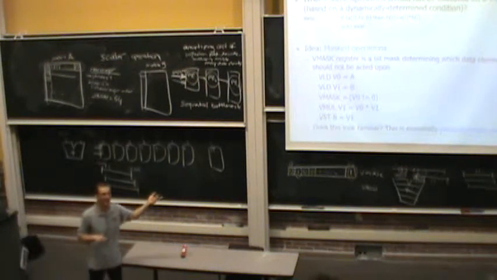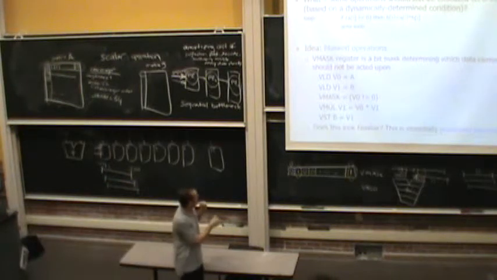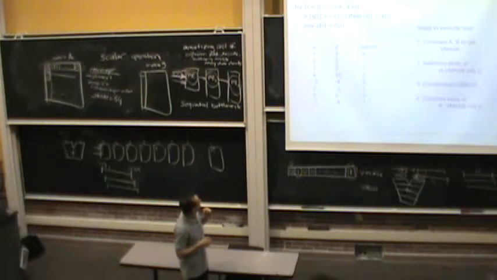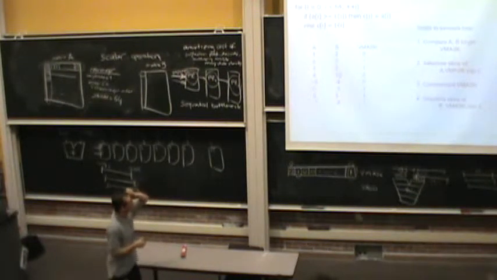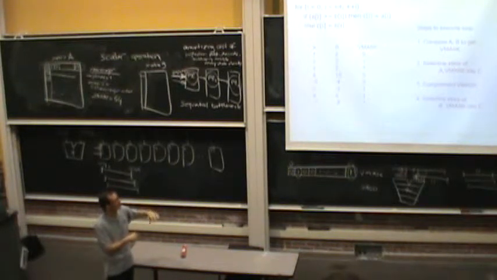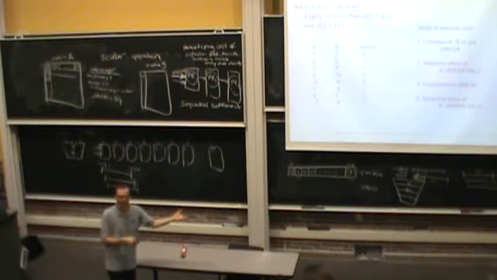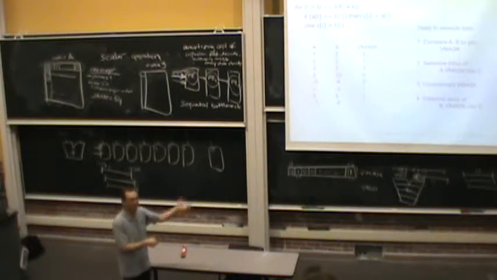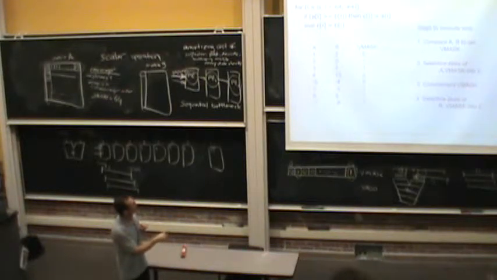This was in Cray 1. Cray 1 had these mask registers. Okay. Well, you could do even more complicated things. I'm not going to go through this, but if you have an if-then-else, you can complement the mask. You do the if part first, and to do the else, you complement the mask and you do whatever operation is specified there.